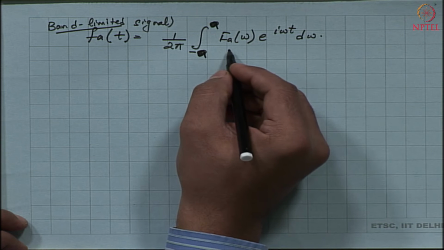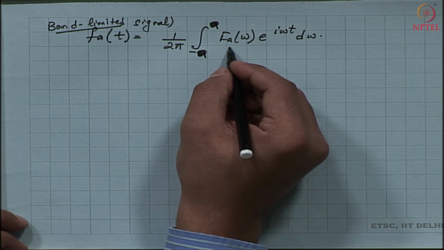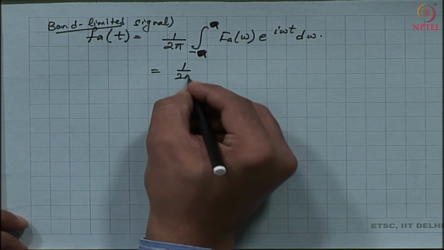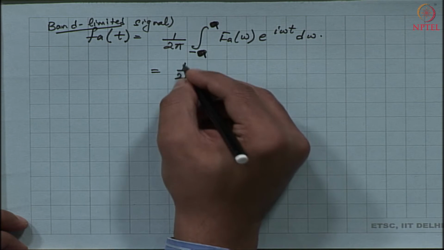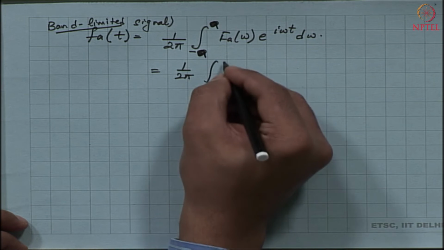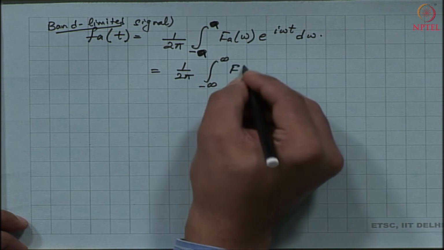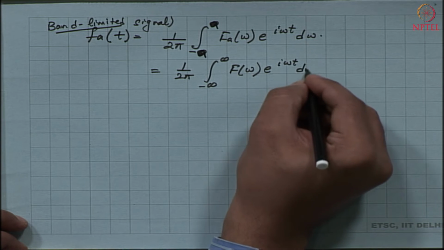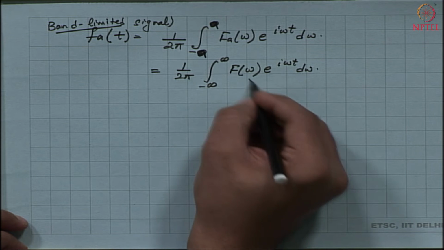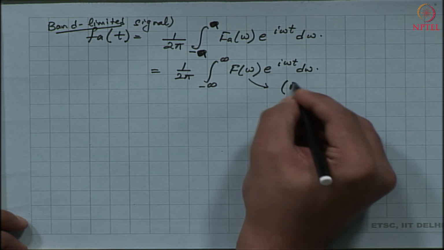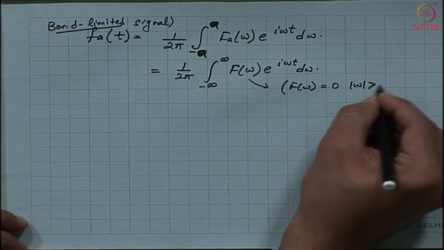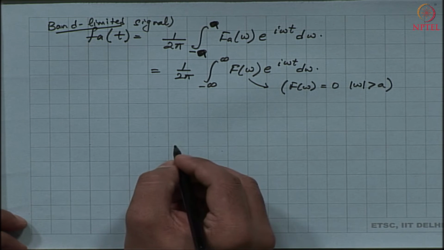Now, let me just replace this by the infinite integral. This is 1 by 2 pi from minus infinity to infinity integral f of omega e to the power i omega t d omega, right. I know that f of omega is 0 if omega is outside this cutoff range, right.